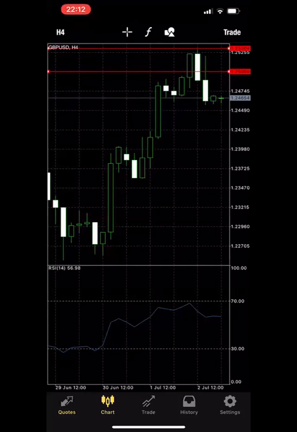Why? Because the difference between 1.25000 to 1.25304 is 300. So what you simply do, you move the decimal point, right? So every 100 in a pair like this equals 10 pips.